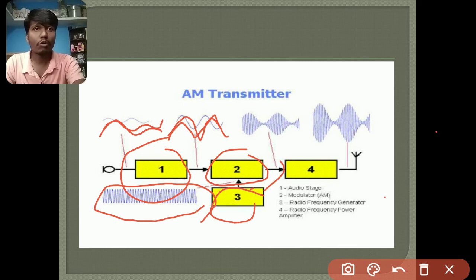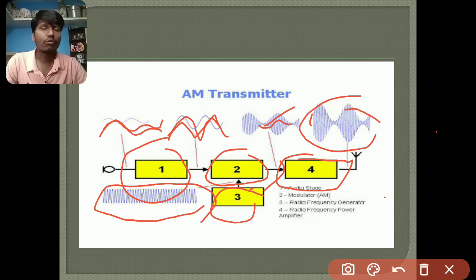The modulator output becomes the modulated signal. Finally, in the RF power amplifier the signal is weak, so we increase the strength of the signal to get the modulated waveform at maximum amplitude. Then m equals 1, that is, 100% modulation is produced in the output waveform.